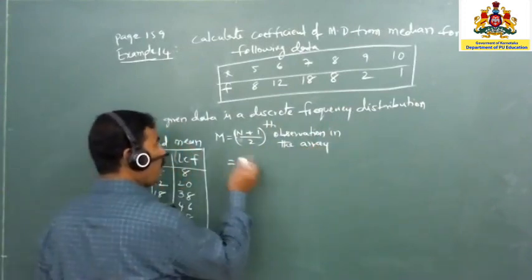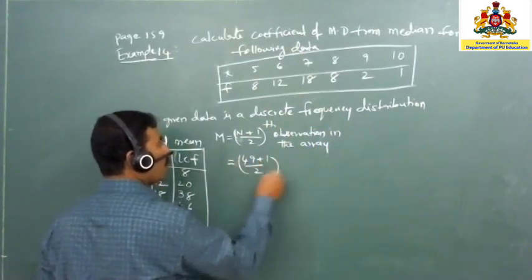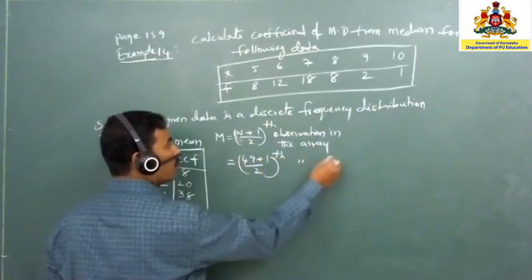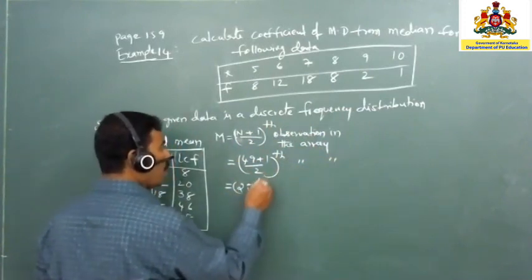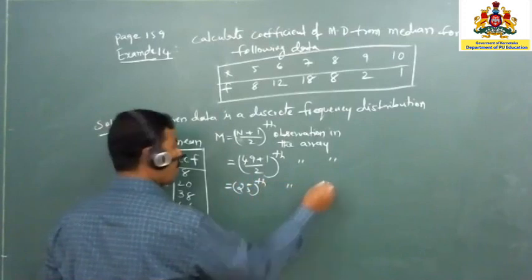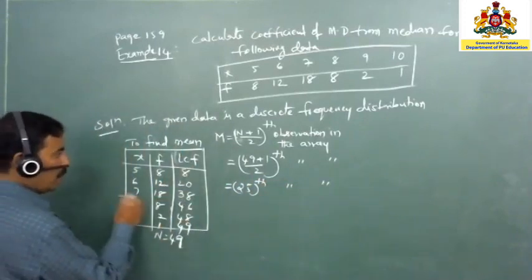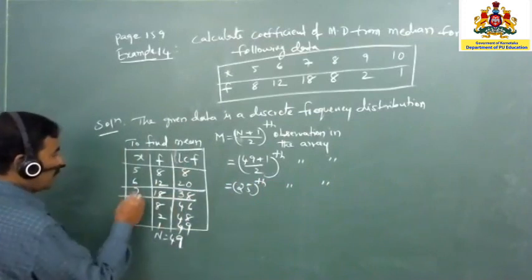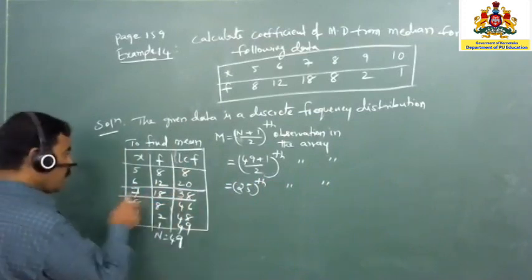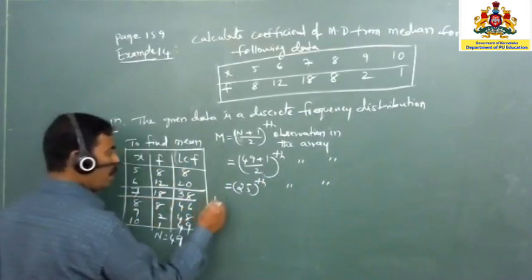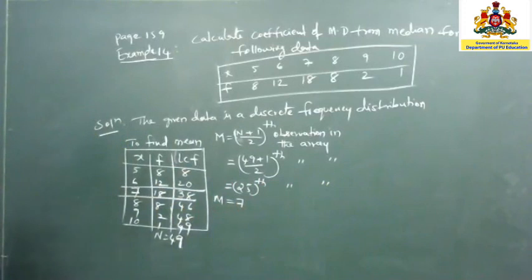Therefore, N is 49, plus 1 by 2, 50 by 2, the 25th observation. To see it, it lies in 38. You know how to find this, you have learned it in central tendency. The corresponding value is the median. Median equal to 7.